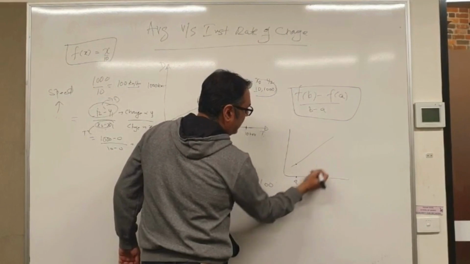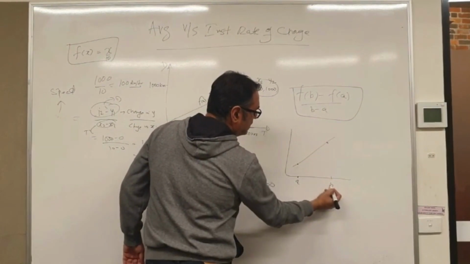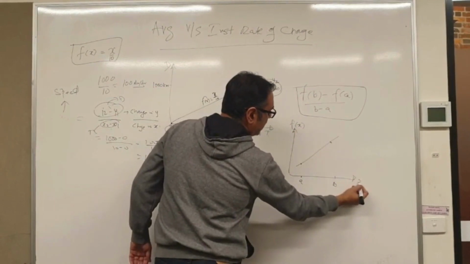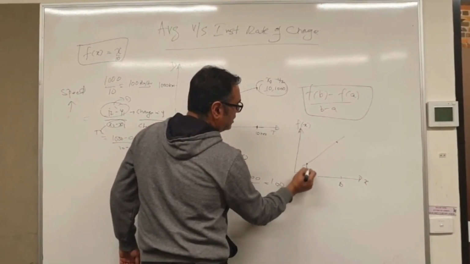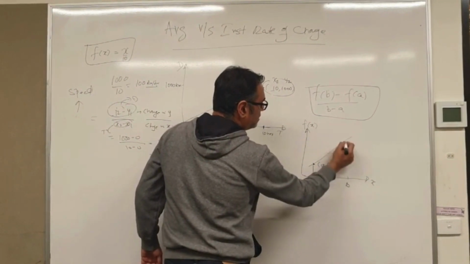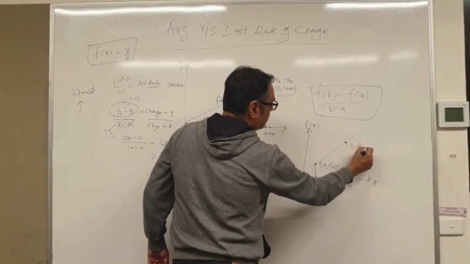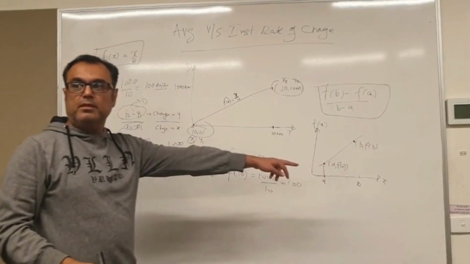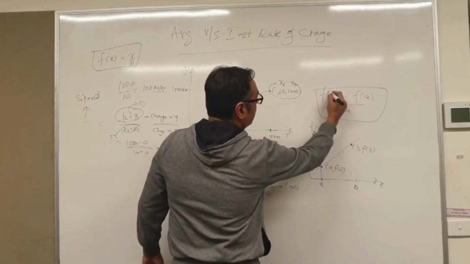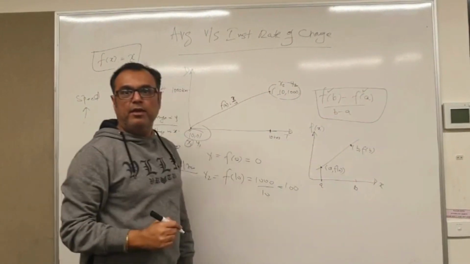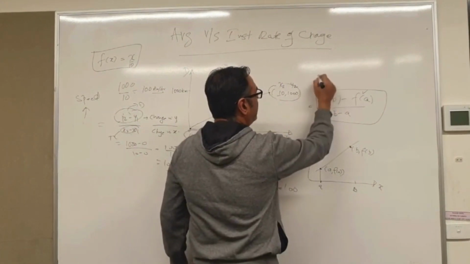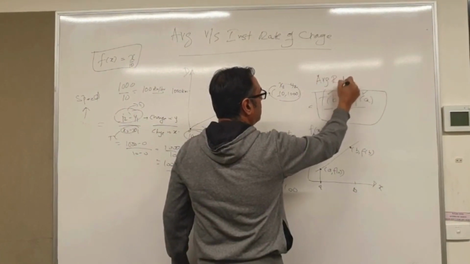This point is a, and this point is b, and this is your f of x, and this is your x. So this point is a comma f of a, and this point is b comma f of b. Does that make sense? So y2 minus y1, f of b minus f of a, over x2 minus x1, b minus a. So that's called the average rate of change.